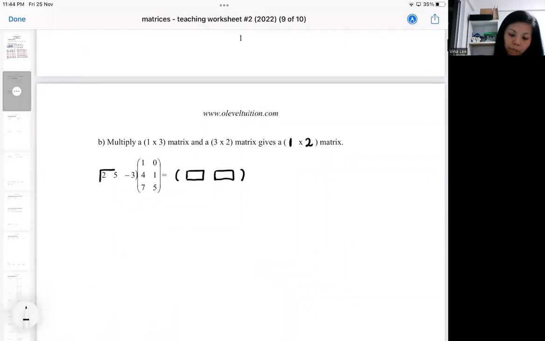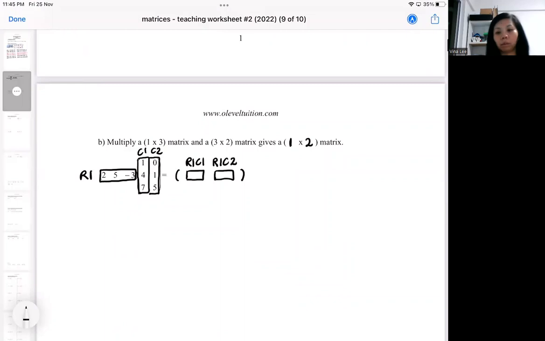So there's only 1 row and there are 2 columns. So this is row 1, column 1, row 1, column 2. So row 1, column 1.